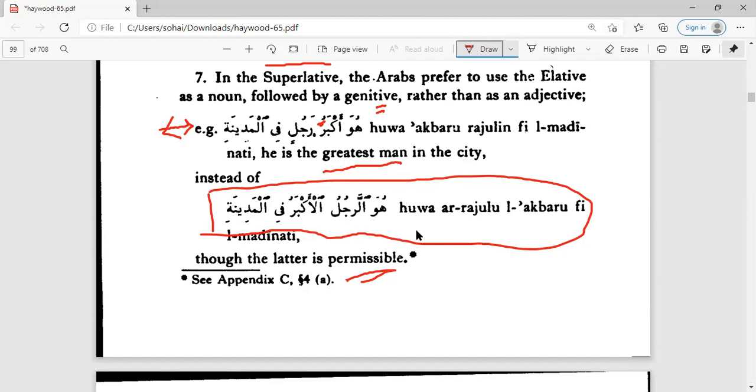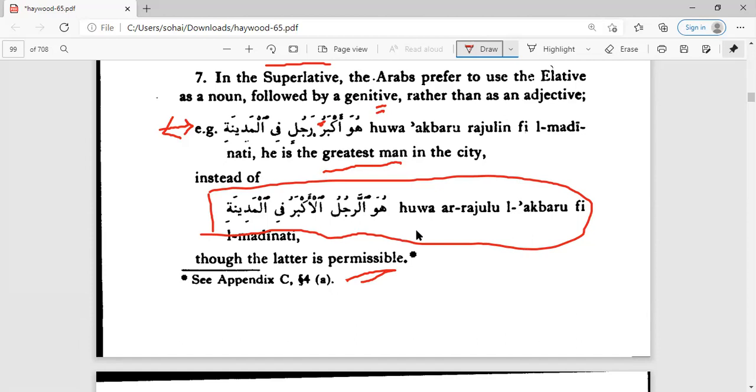Can we just say that if we are asked to write a superlative, the first sentence is what we write down? Both sentences have the same meaning, right?